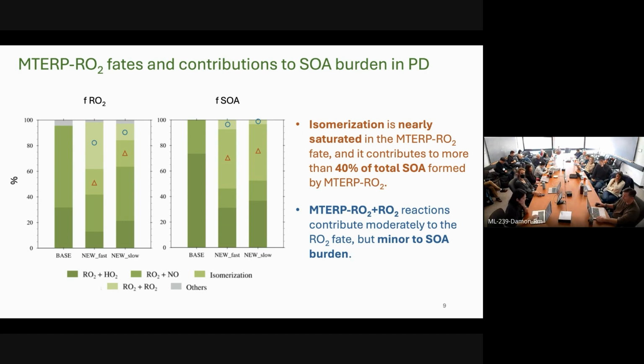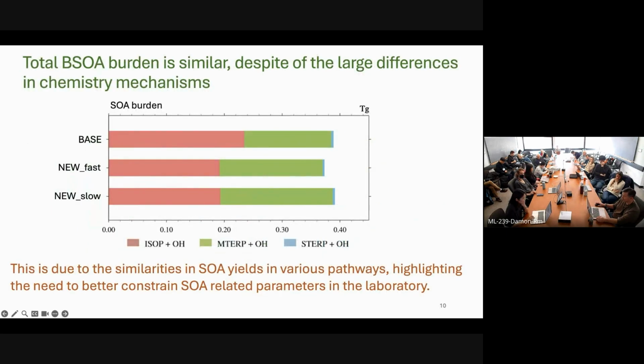And the chemistry change results in a decrease in total monoterpene SOA burden, shown by the green bars there. We don't think it's very significant considering how much the chemistry has changed. And this decrease in monoterpene SOA compensates with an increase in isoprene SOA, and the total SOA burden doesn't change much.